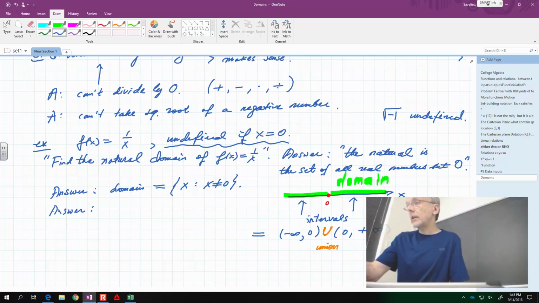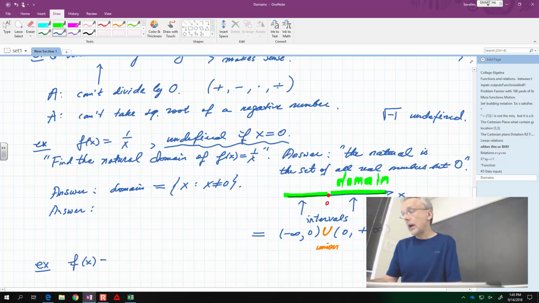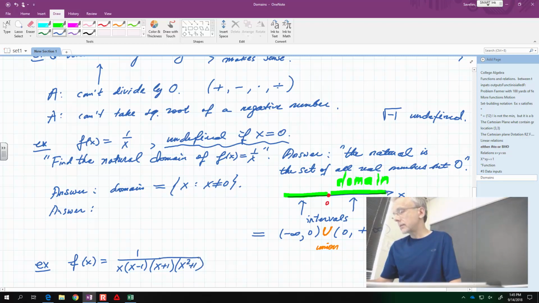And then you might face problems that are very similar in nature, but with more algebra to worry about. Say f of x is 1 over x, x minus 1, x plus 1, x squared plus 1, like that.